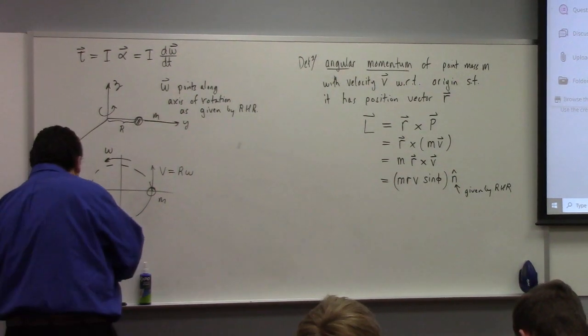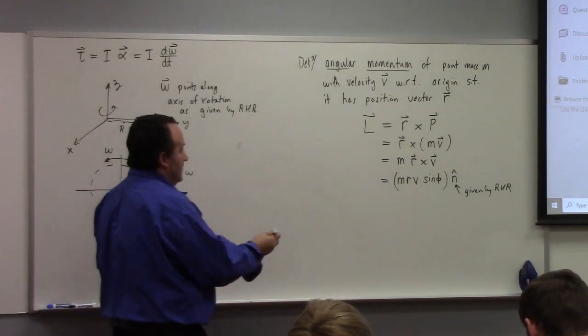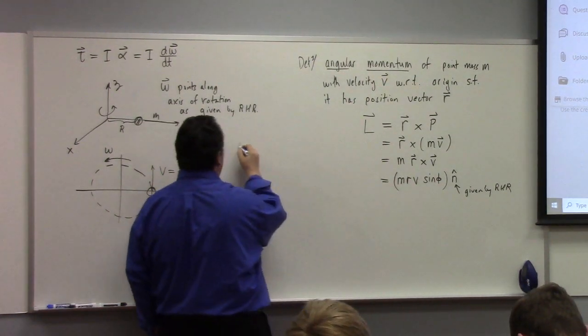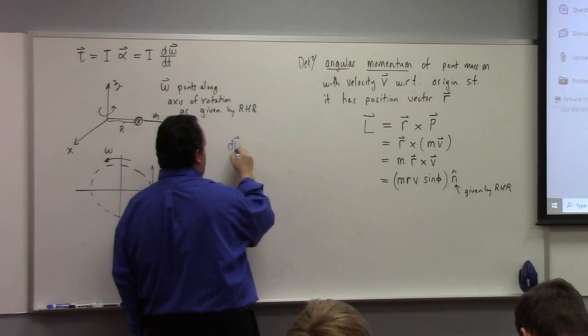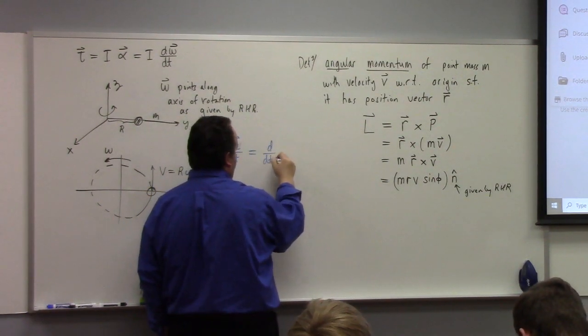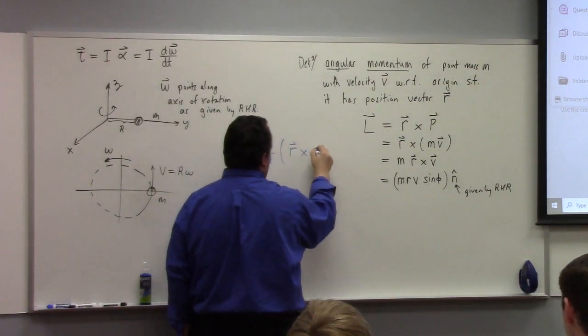In particular, if we calculate dL/dt, I'm going to do it up here since you guys can see it better. dL/dt, what do you get? d/dt of r cross p.